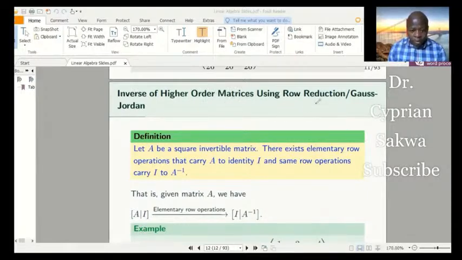To use this row reduction method, what we must understand is that we'll be carrying out elementary row operations.